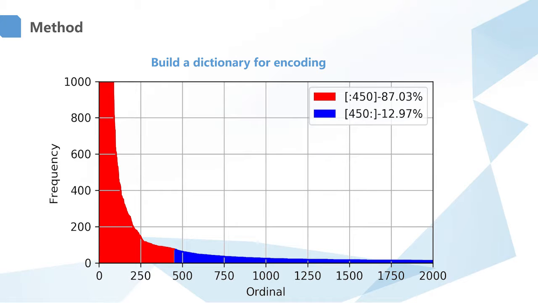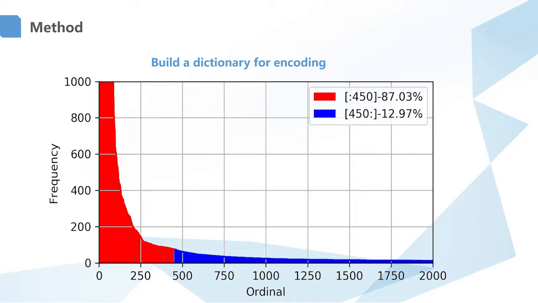In fact, the core 450 words account for nearly 90% of the occurrence frequency. So our dictionary can be very small, using only more than 400 words.